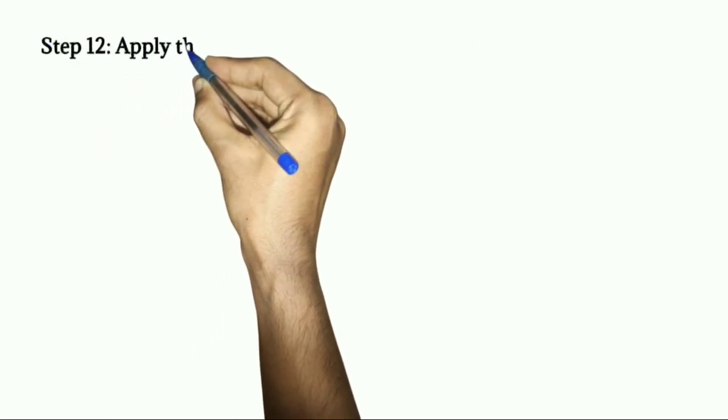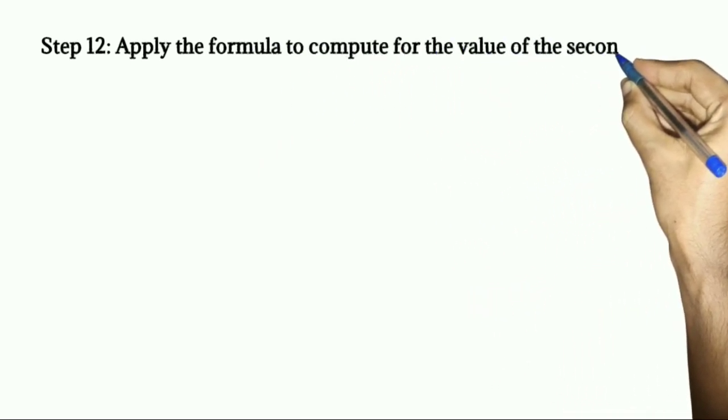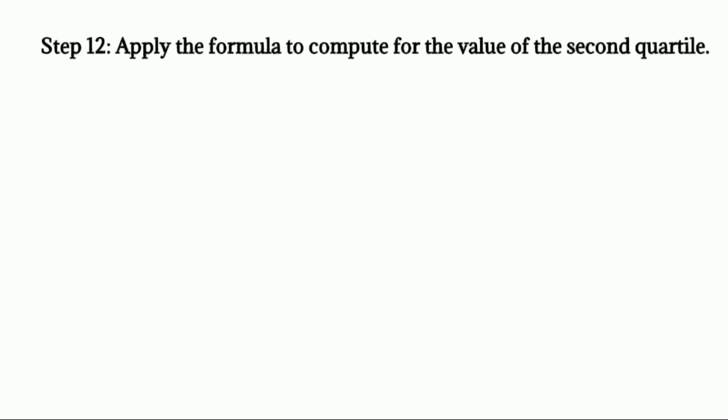After that, the next step is to apply the formula to compute for the value of the second quartile. Since yung second quartile ang hinahanap, the K, or the quartile location, is equal to 2.